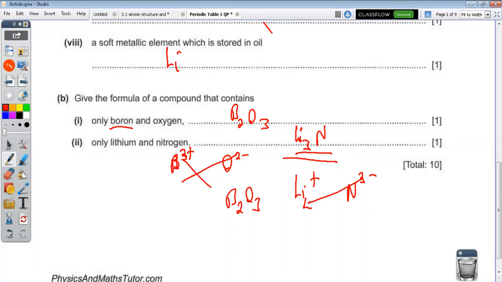Let's see your chemistry. What will be the name of this? Can someone try? There's no harm in trying.